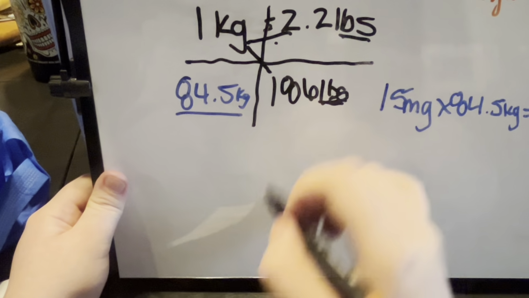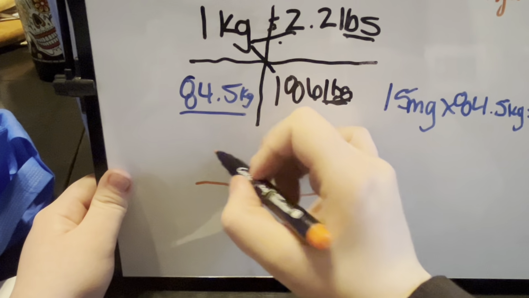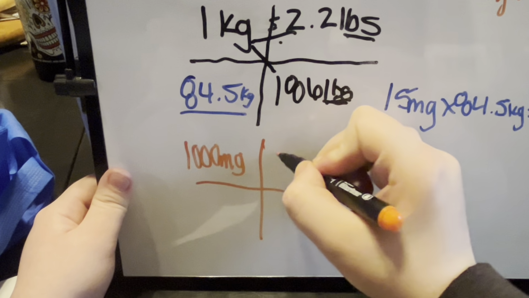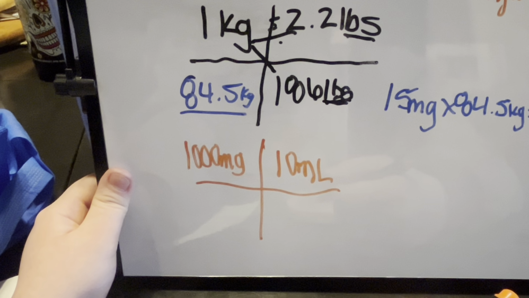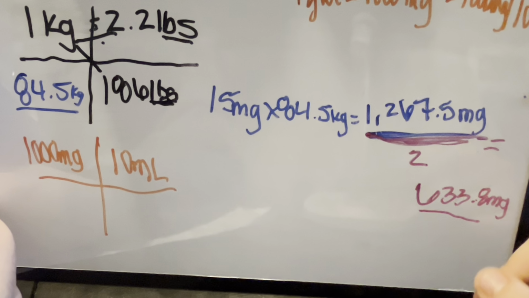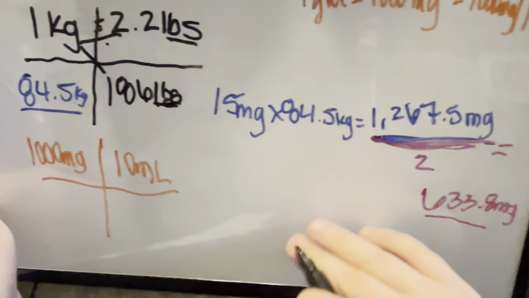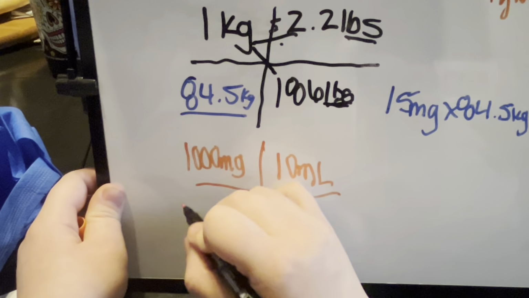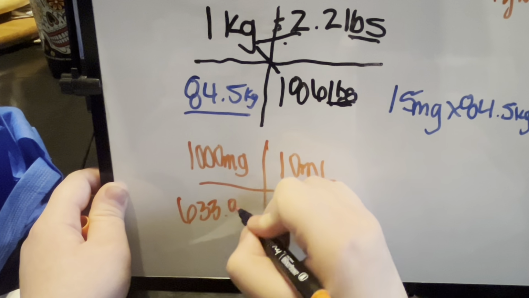Let's do our stock. This is where we're gonna do another box. Let's put our stock on top with our milligrams. So we have 1,000 milligrams per 10 milliliters, okay? Now we know from our day supply, because that's what they're asking for per dose, 633.8 milligrams. So let's go ahead and find our milligrams right here and let's match it up. We always want our top and our bottom to be the same.